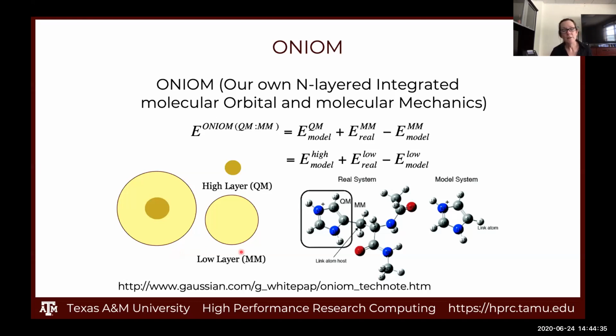Okay, so the one major point that I want to emphasize for the ONIOM method is when you choose your region that you're going to have for the high layer, which is, like I said, usually some quantum level, you have to cut across a single bond. You cannot cut across a double bond, because what it's going to do is it's going to cap this region with a link atom, and that link atom is going to be a hydrogen, and that's what's shown here.